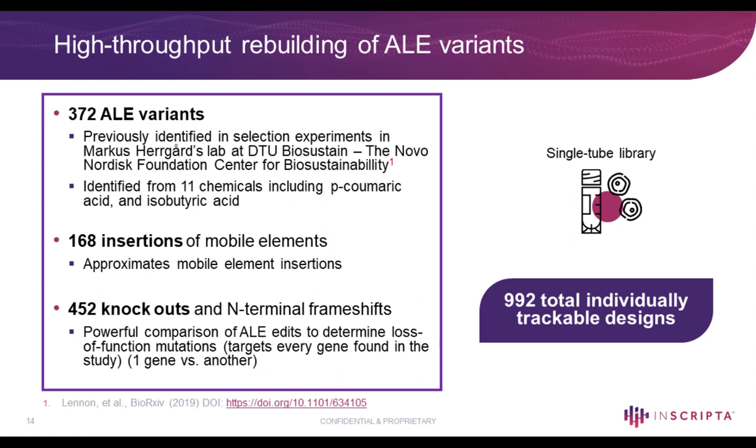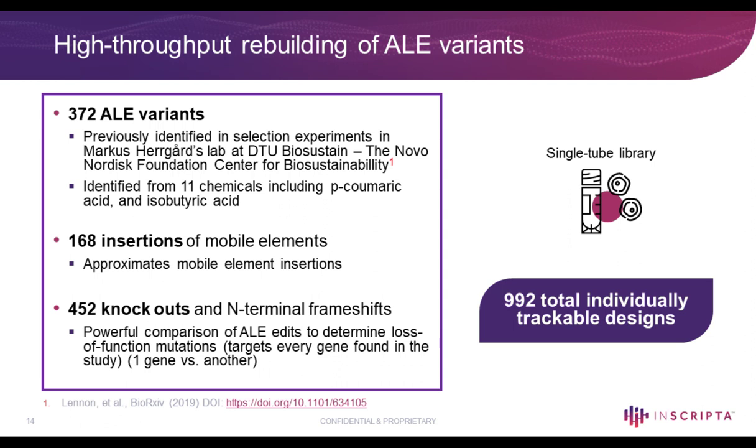Further, because of the wide space of what's available for modifications, we might also be interested in what would happen if we inserted mobile elements or made deletions or knockouts within the genome of those same genes or others that have been shown to be modified. Of these 372 variants, those are across all 11 chemicals, and not just p-coumaric acid and isobutyric acid.